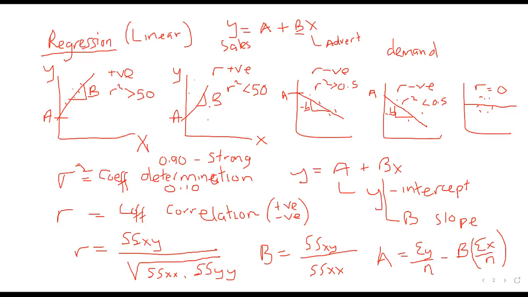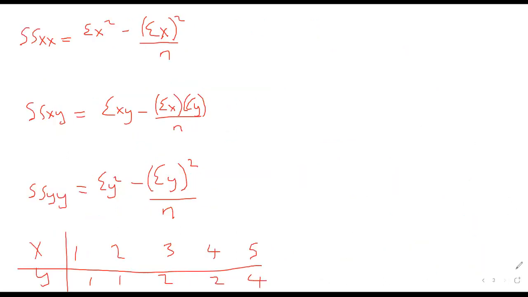So this is the formula. Now, we're going to look at an example. The formula for xx is just an array of x's, yy, arrays of y's. And now xy, you have xy on each.